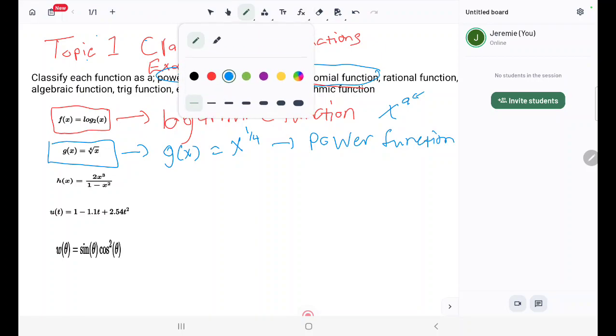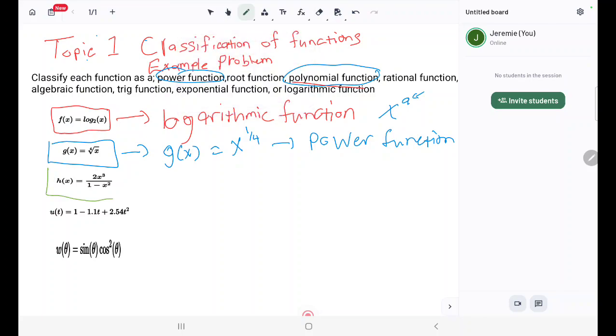Okay, so let's move on to another one. We have h of x, which is equal to 2 times x to the 3rd power divided by 1 minus x squared. Notice that if I look at just the top term, this would look like a power function, except it has a coefficient in the front. Because of that, this is going to end up being called a polynomial. And then beneath it, we also have 1 minus x squared, which is also a polynomial.